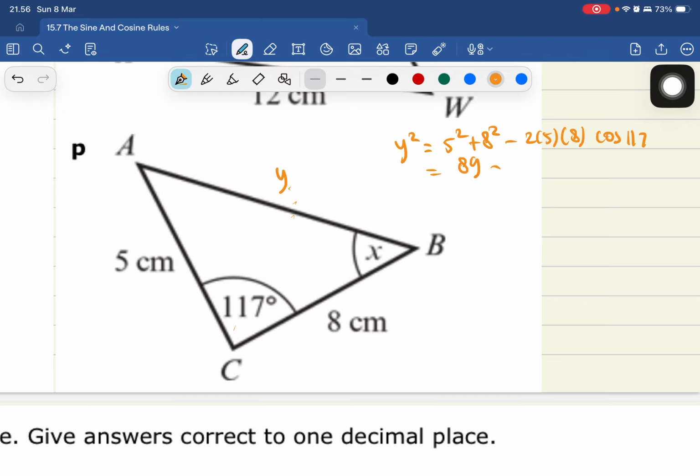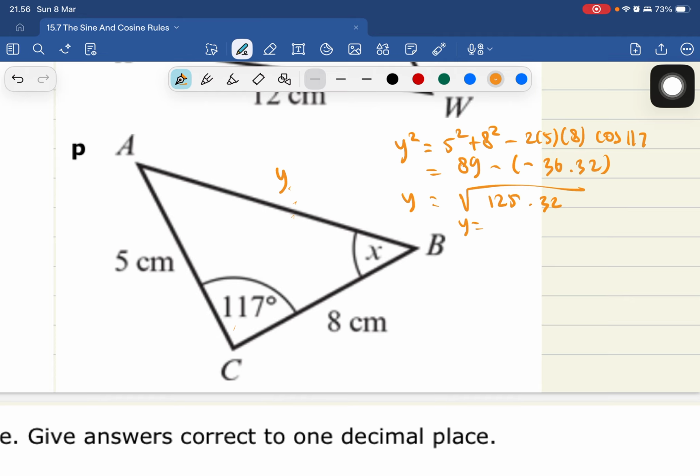We will minus with 2 times 5 times 8 times cos 117. So it's gonna be negative 36.32. So the y equal to square root of 89 plus 36.32, which is 125.32. We make it square root.